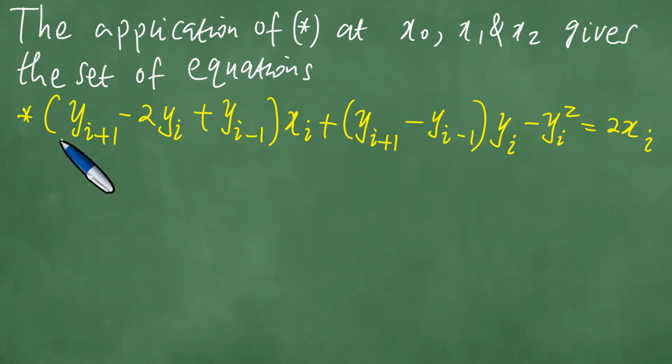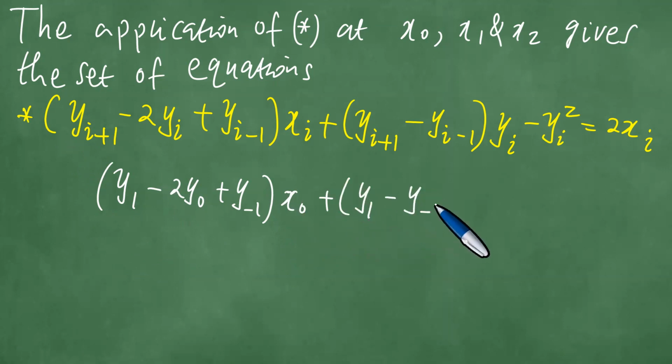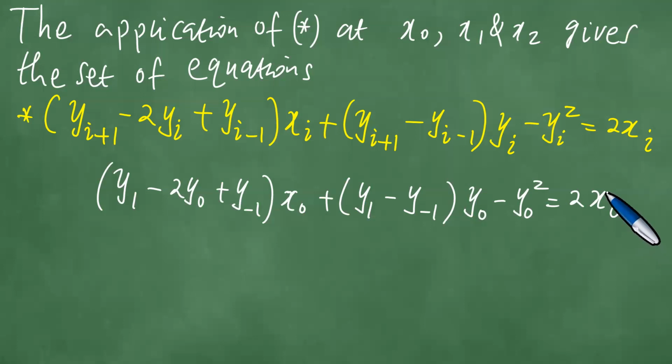Now, if we put i equal to 0, what do we have? So we would have y1 minus 2y0 plus y minus 1, and then x0, plus y1, y minus 1, y0, y0 squared, 2x0.